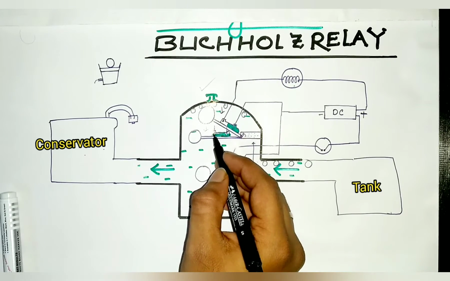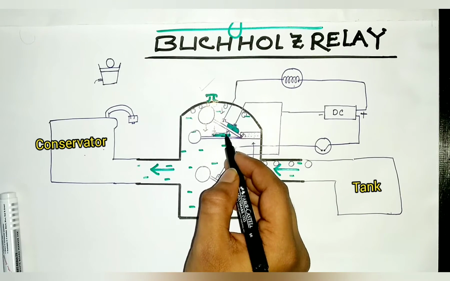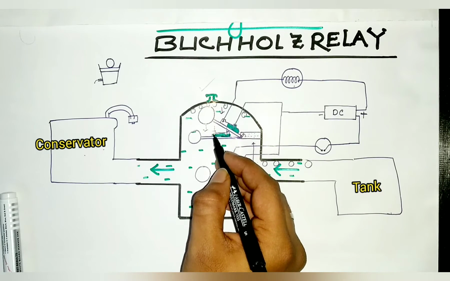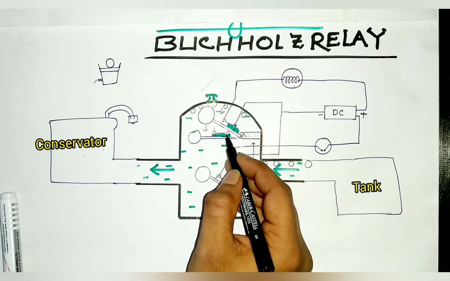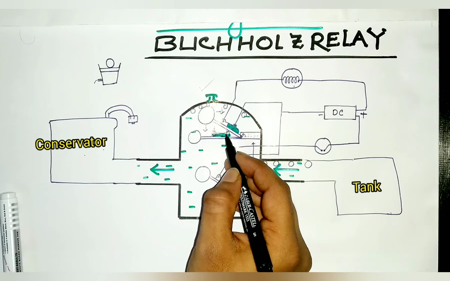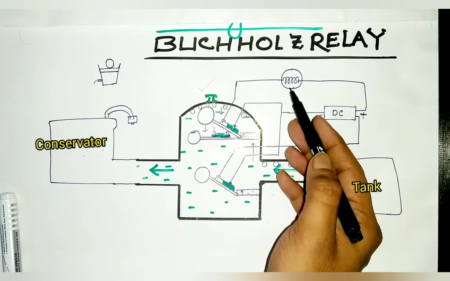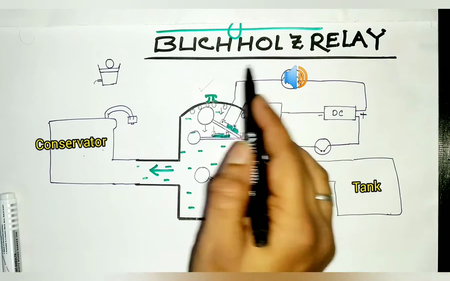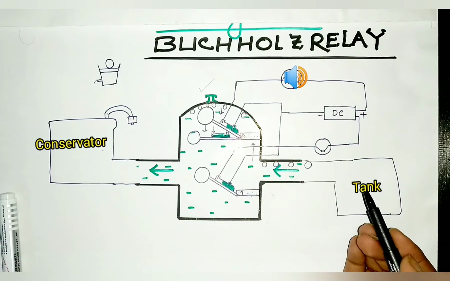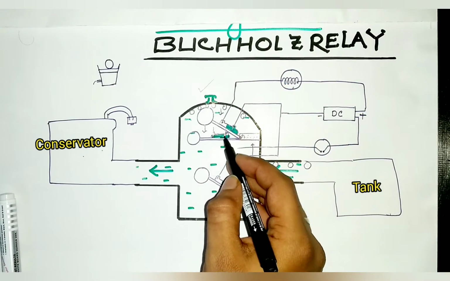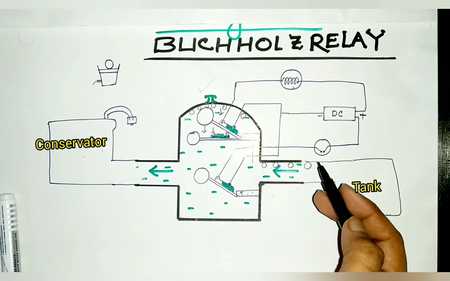But at this position, there is a way to conduct. So current will flow through this way as mercury is conductive. And it will further sense the alarm circuit. So the sound of the alarm will alert the operator of the transformer. He should check the fault of the transformer properly.